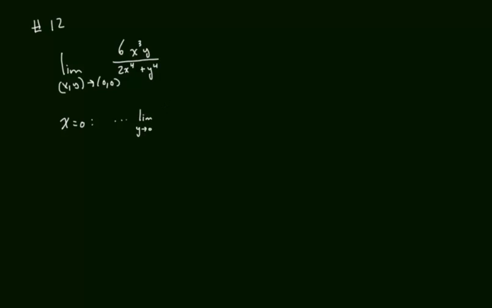If I plug the x is 0 in the numerator, I get 0. Then in the denominator, I get y to the 4th. That's a 4, believe it or not. And this is the limit as y goes to 0. And I simplify this to 0 first before employing the limit, and that comes out to be 0.